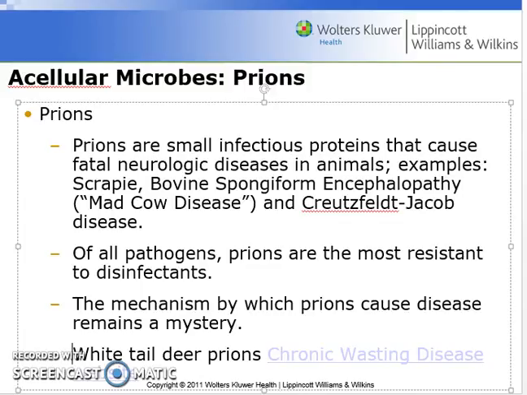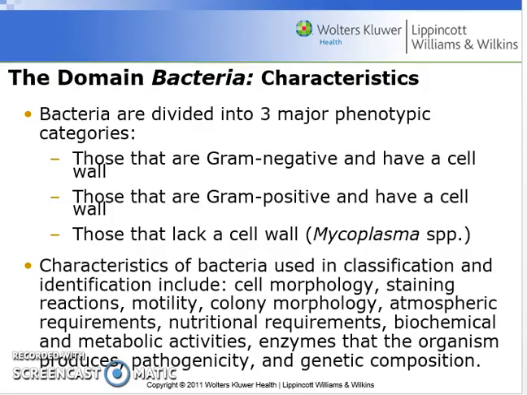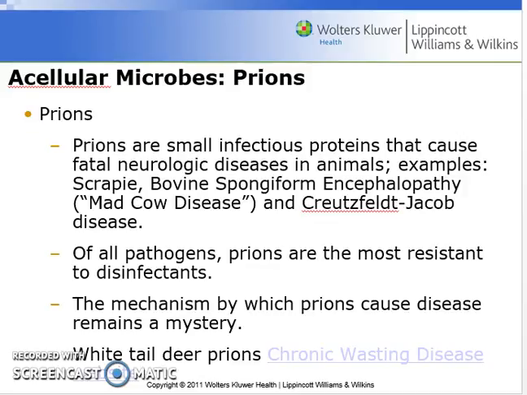But essentially what you have here is a transmissible spongiform encephalopathy that starts to develop in the deer, and then the deer start to waste away, which is why we refer to this as chronic wasting disease. If you're interested, you can look online and observe some of the images that are there. It's a pretty horrible kind of infection when you look at it. Okay, so that's our acellular microorganism unit.